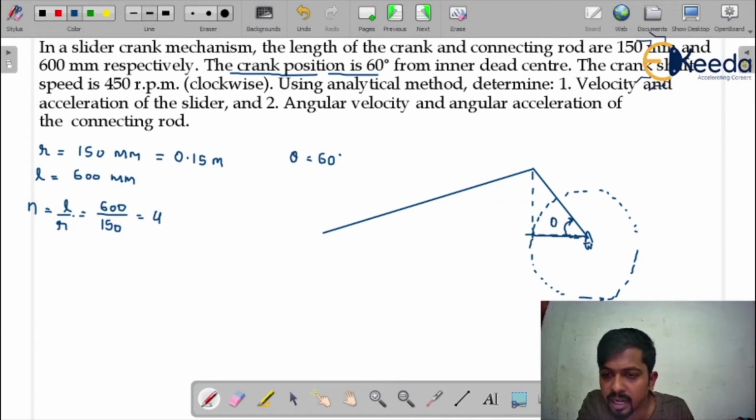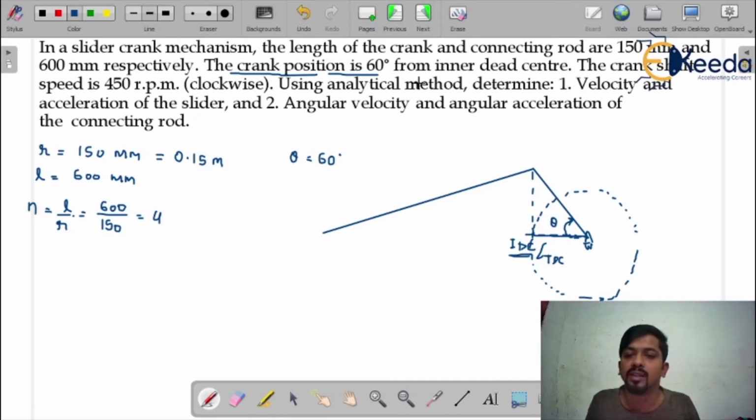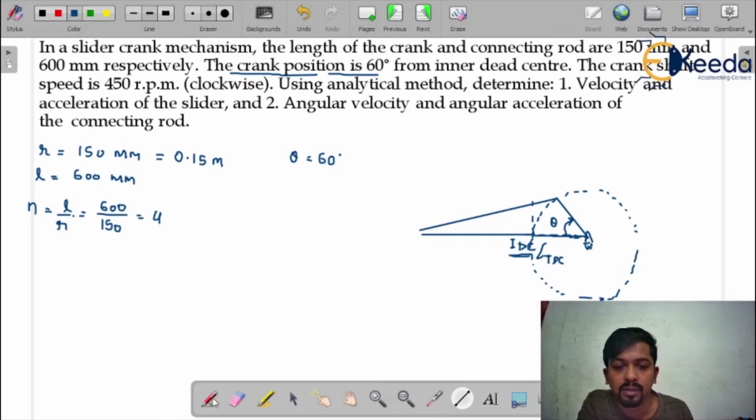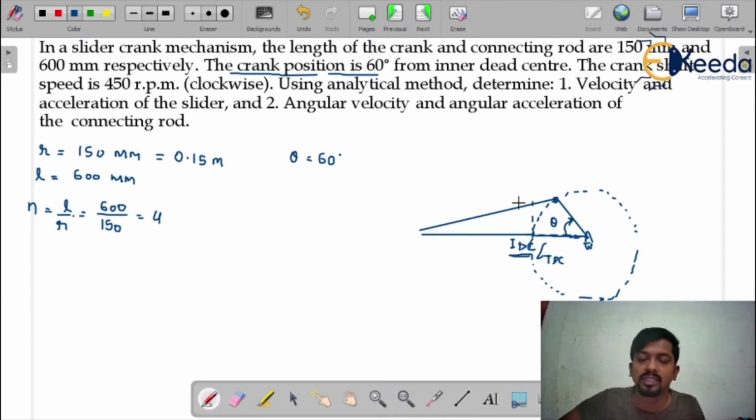The angle theta is always measured from the inner dead center, or it can also be called the top dead center. I just have to rearrange the diagram. This would be the connecting rod and this is the crank. Now you can see this is the angle theta, this is L and this is R. So theta is 60 degree, which is measured from the inner dead center.